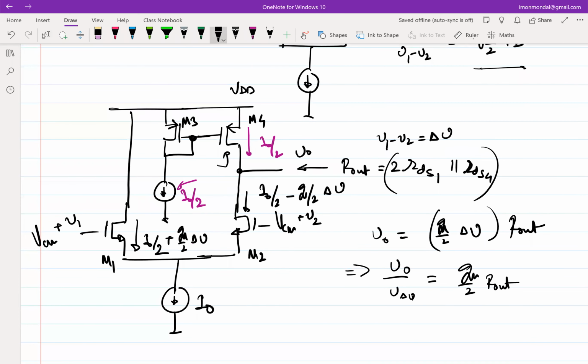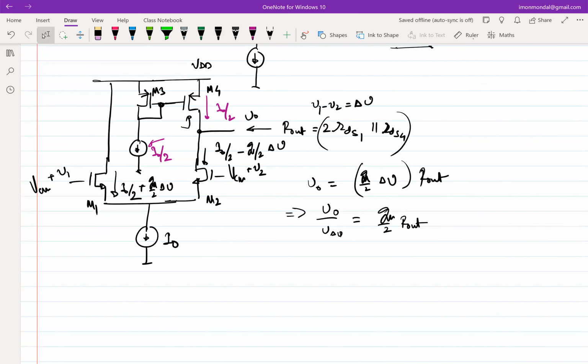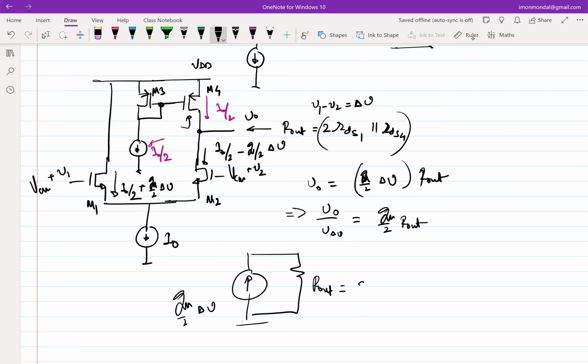So the same thing, this is a one-stop way of analyzing. You can also Nortonize it. We did the Norton equivalent of this. The short circuit current was GM by 2 times delta V. The output impedance was 2 RDS1 parallel RDS4.